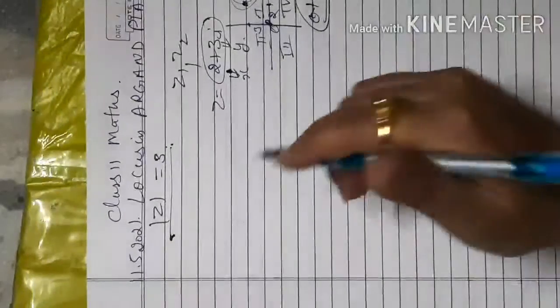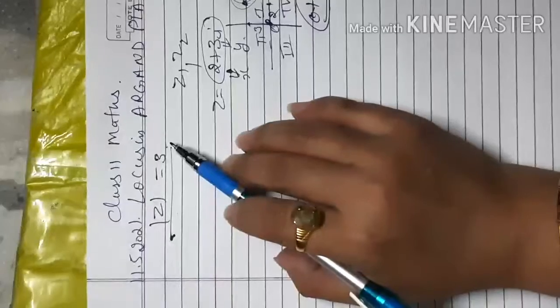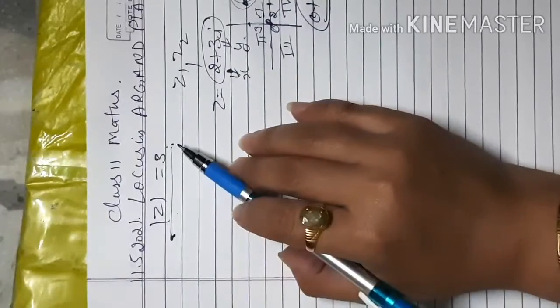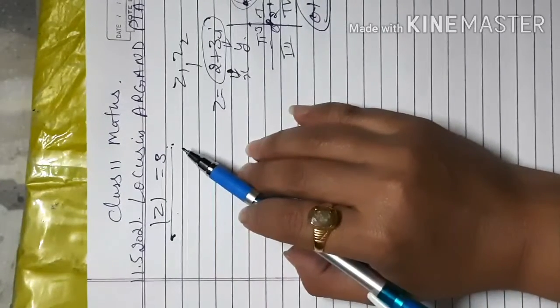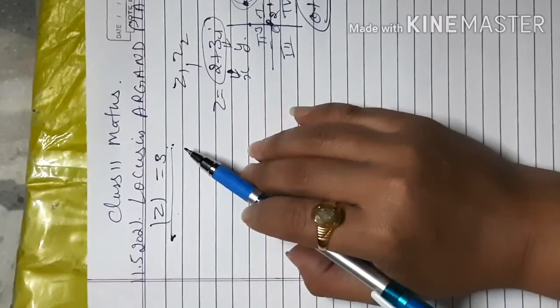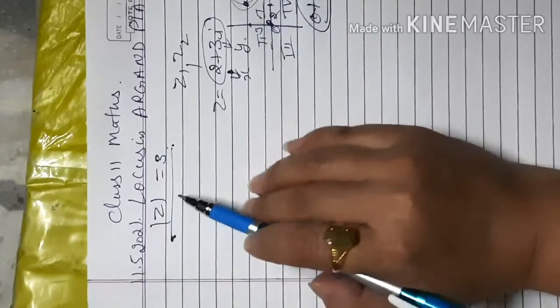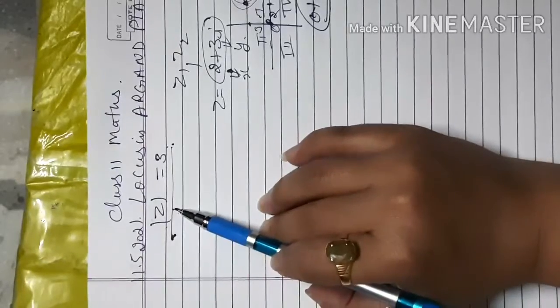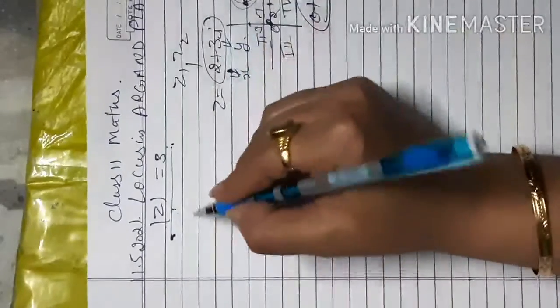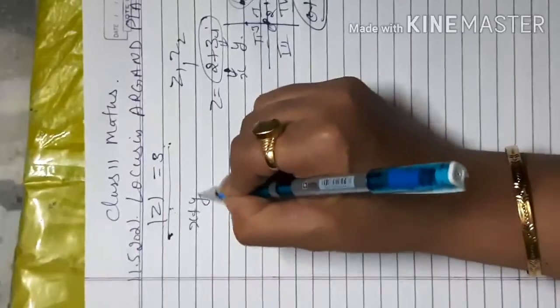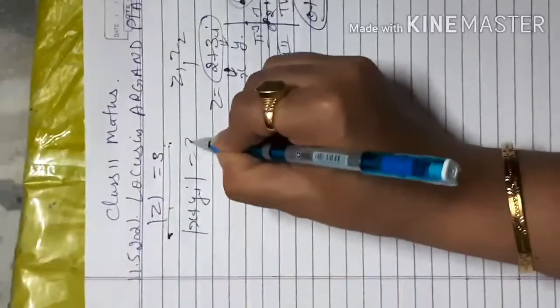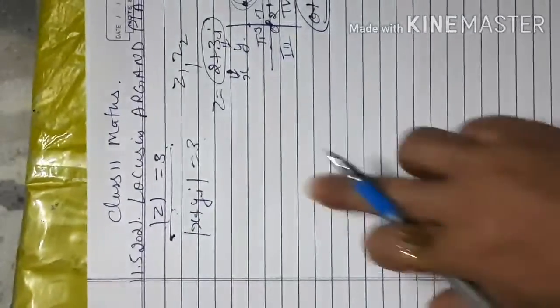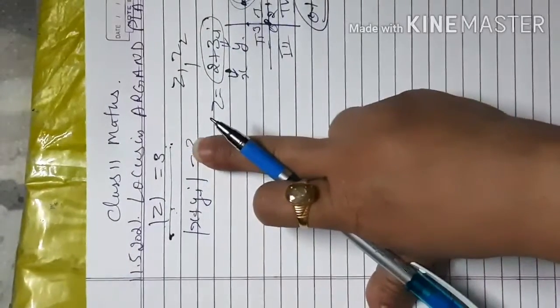Suppose I have a complex number with modulus of z equal to 3, as written in my question. In the complex plane, what is the set of points? No particular complex plane is given, only z. So I consider any point xy, like x plus iy, with modulus equal to 3. Here 3 means a 3 unit distance.